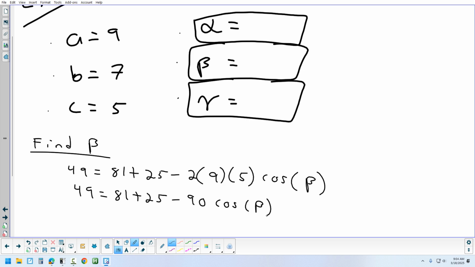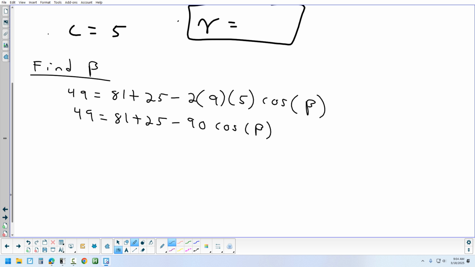All right. What can I do next on the right-hand side? Yep, 81. We can add the 81 and the 25 together, and that's going to give me how much? 106.